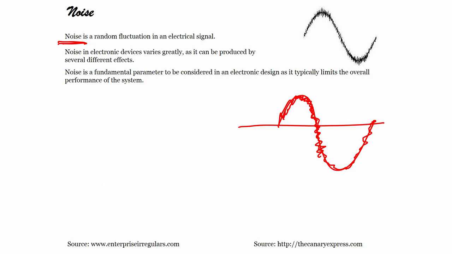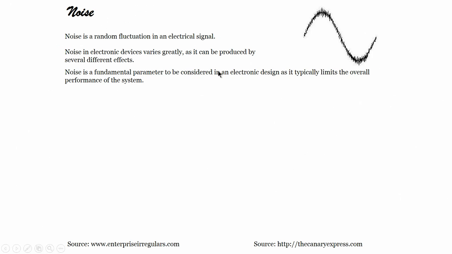We will see in the next slides what are the kinds of noise that can arise in an electronic system. It is a fundamental parameter to be considered, because we have to remove this noise to obtain the pure signal. We have to remove the unwanted fluctuation in the signal, so that we can retrieve the wanted signal.